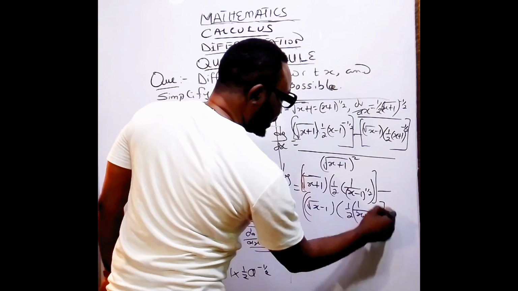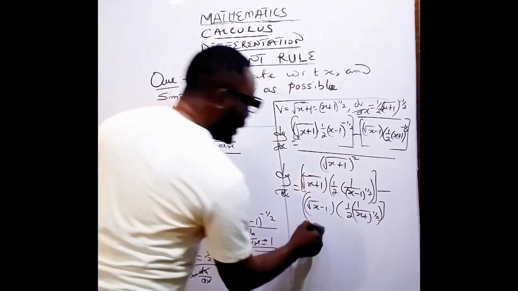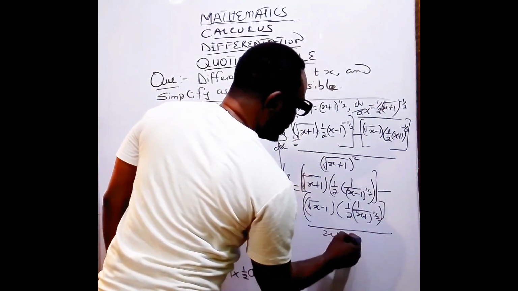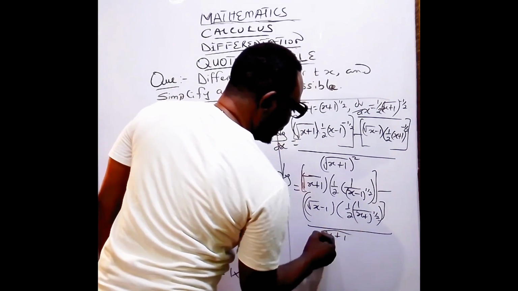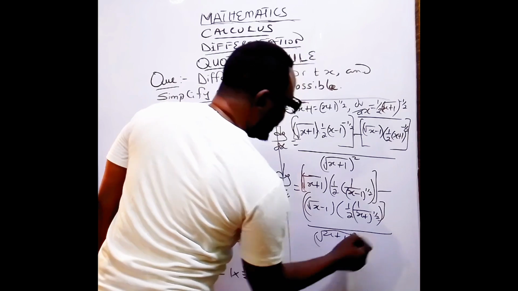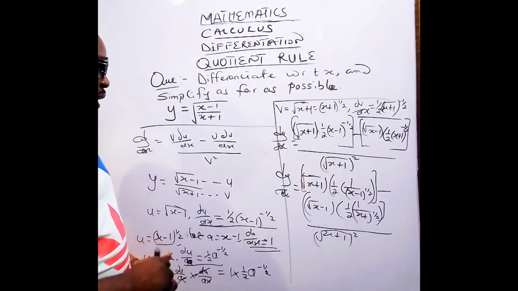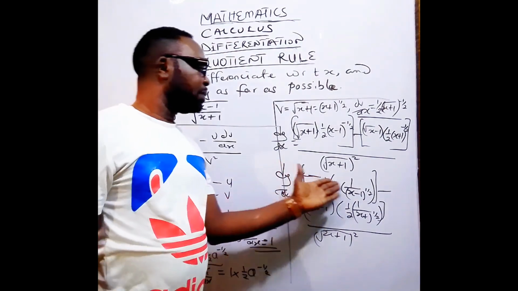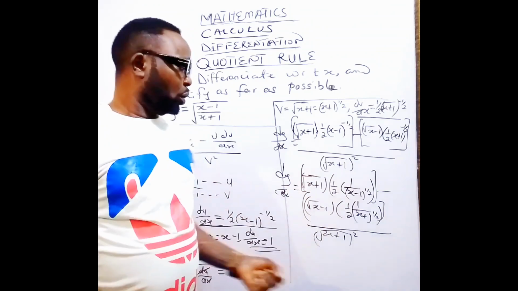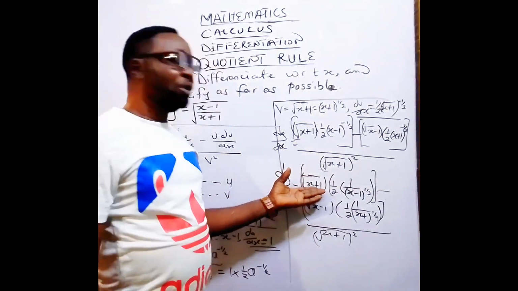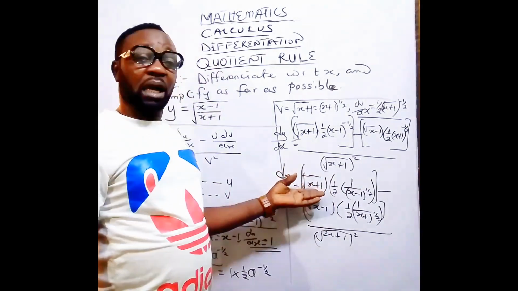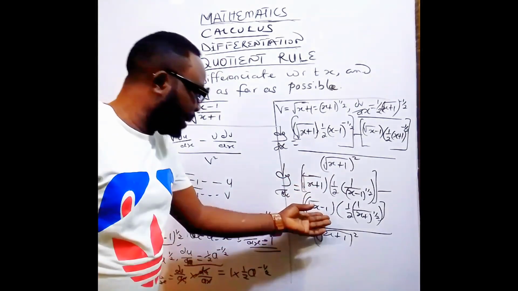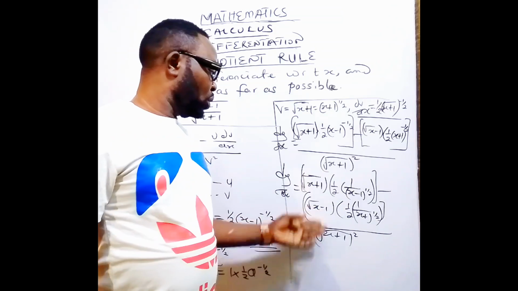So put everything in bracket like that, all over x plus 1, root x plus 1 squared. Now, having got this, you can see that all this value here is multiplied by everything here. So we can have this value at the numerator because this one is as well equal to over 1. The same thing applies here. It's as well equal to over 1.